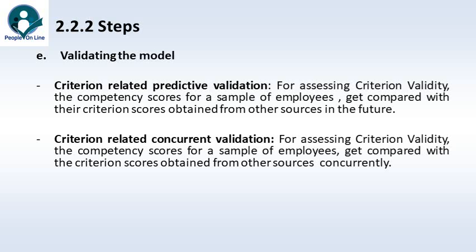And the second approach is criterion related concurrent validation. For assessing criterion validity, the competency scores for a sample of employees get compared with the criterion scores obtained from other sources concurrently. Now, here the important difference is the word concurrently.